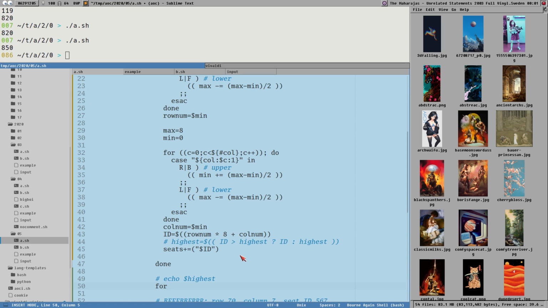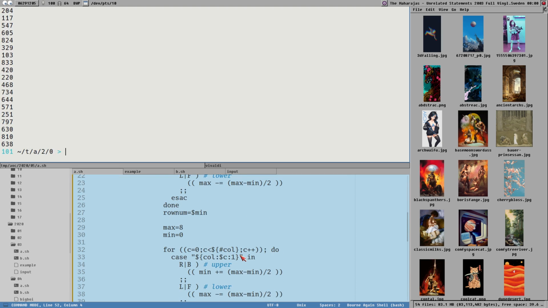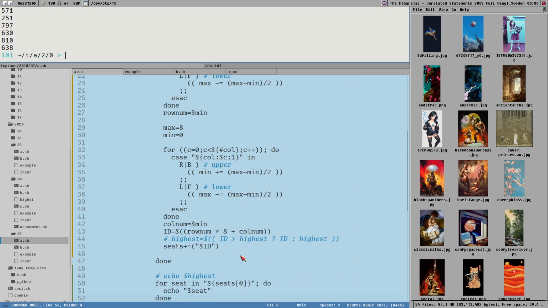For seat in seats, do echo seat, done. There it is. No. I thought it would print it sorted for us, since we store these as... No, we have to store them as keys.